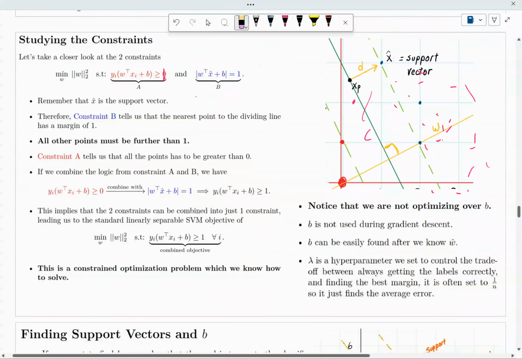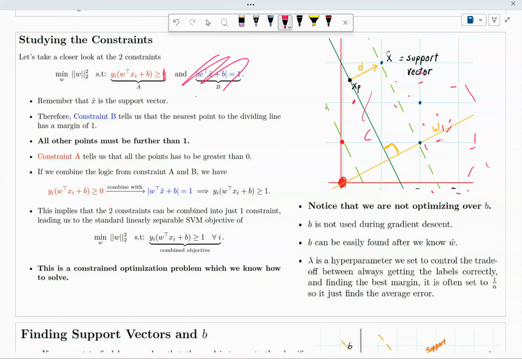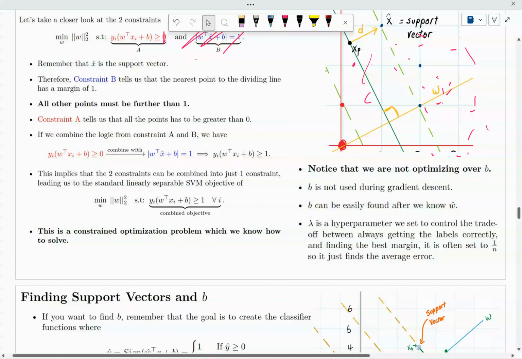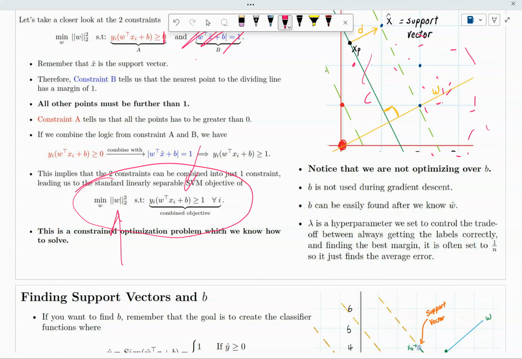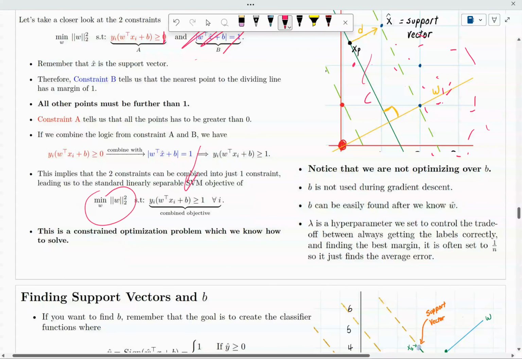And this makes life easier because now we only have one constraint. Okay. So we now have a problem where this has to be greater than 1, and we're trying to maximize the margin or minimize the inverse of the margin. All right.